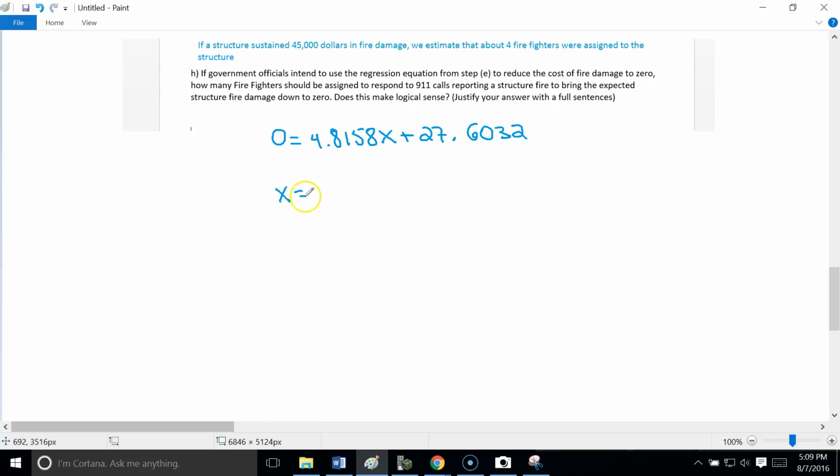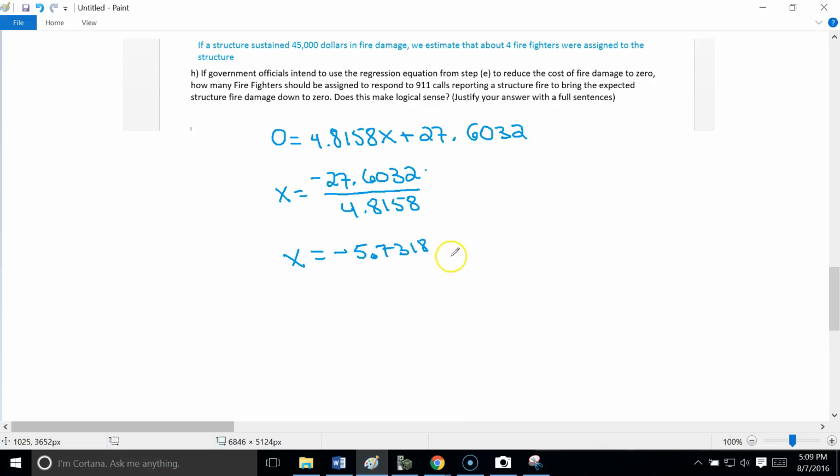And we'll get that x is going to be equal to negative 27.6032 divided by 4.8158. And we should get a value of about negative 5.7318.